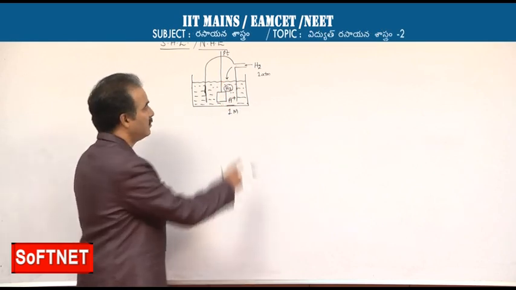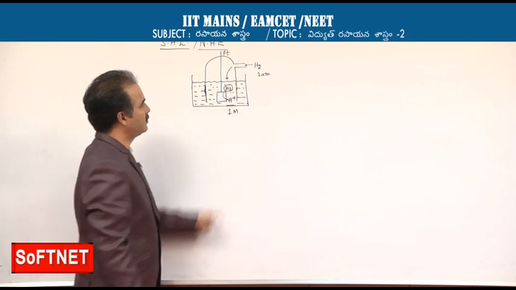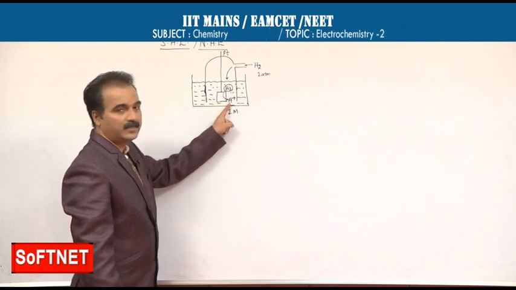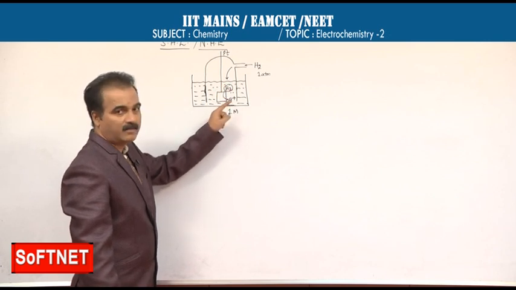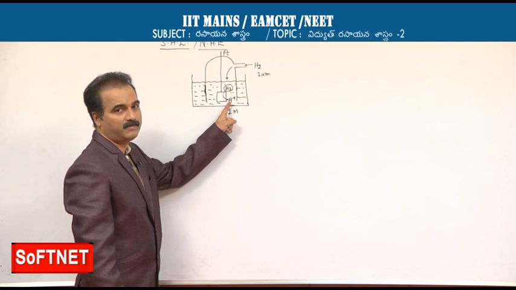As I said, here also again there is a charge difference. Hydrogen is 0 in oxidation state and hydrogen here is plus 1 in oxidation state. Charge difference is there, phase difference is also there. This is gas phase, this is in solution phase.